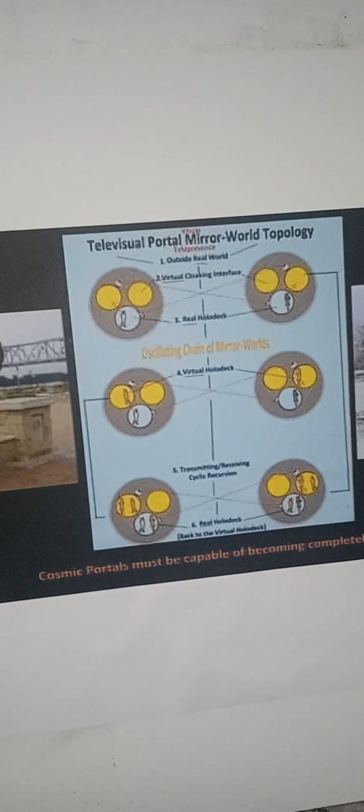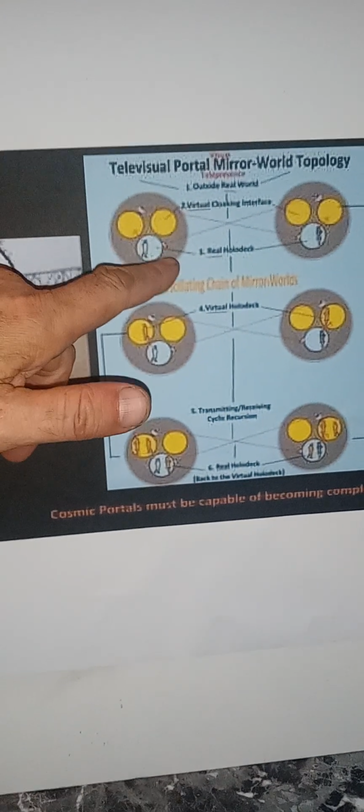The second duality can best be explained with televisual portals, and that requires mirror world topology, is what I call it. First there's the outside world, then there's the virtual cloaking interface, then there's the real holodeck where John and Jane are at.